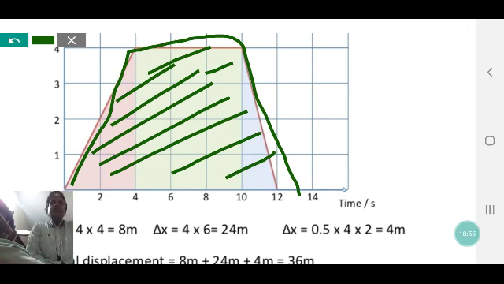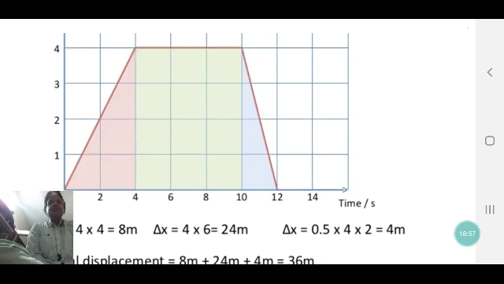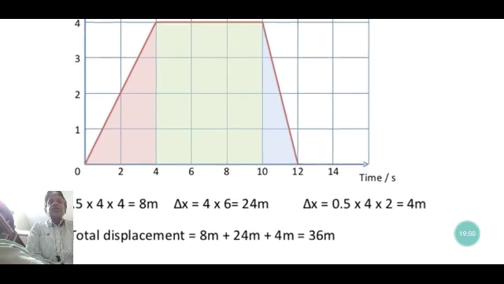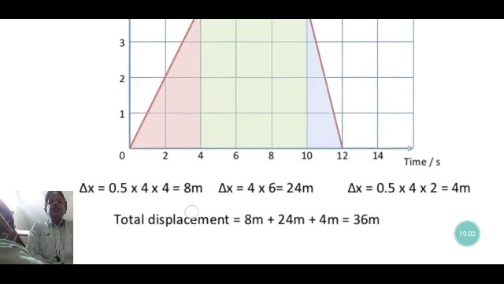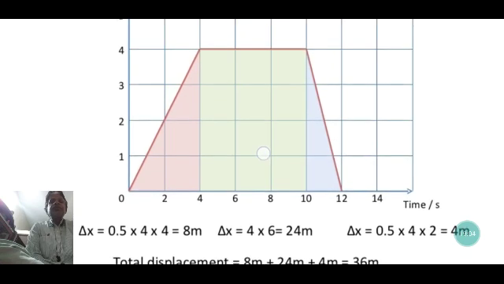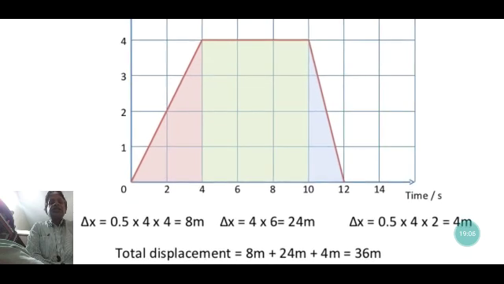It is given here like that. You can see here the area of the first triangle, the pink triangle: half into 4 into 4, that is 8 meter. That is the magnitude of displacement.